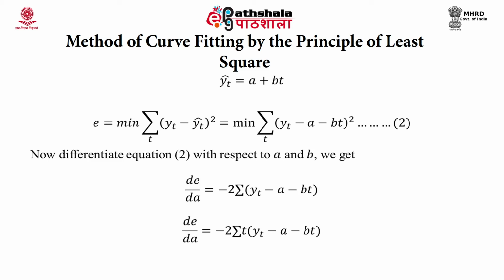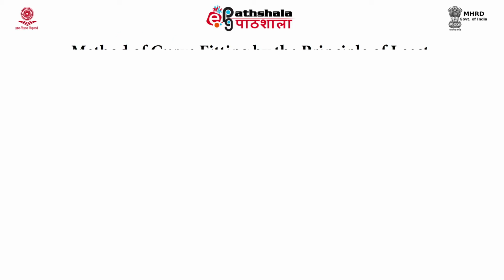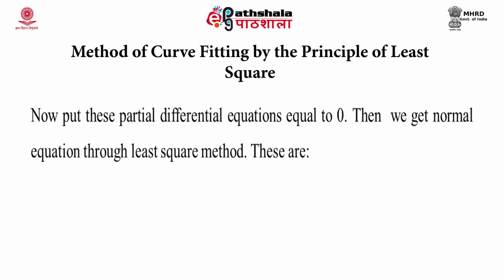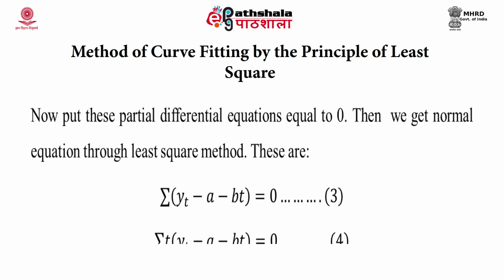If you take the derivative of E with respect to a and the derivative of E with respect to b, you will get these equations, and these are called normal equations. Now, put these partial derivatives equal to 0, then we will get the normal equations or least square equations.